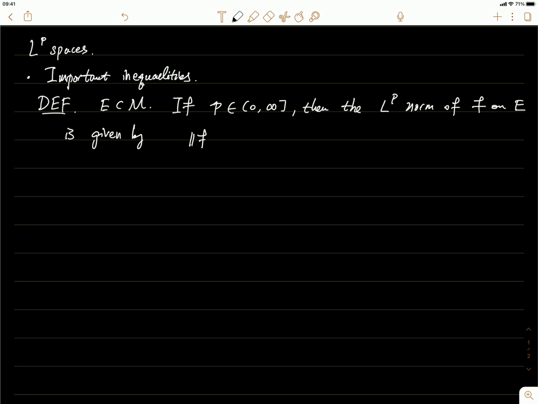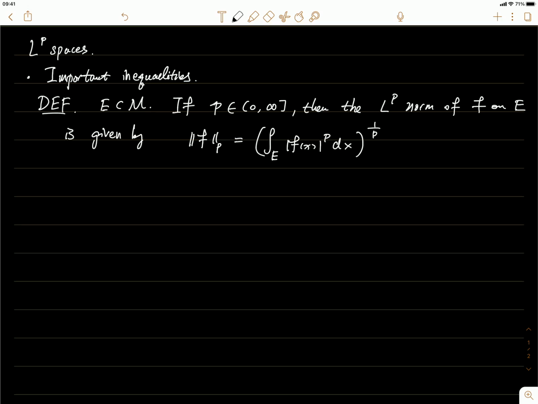We use the notation ||f||_p to denote this norm, and it's defined as the integral of the function f with power p as integrand, and then after we take the integral, we take the pth root.